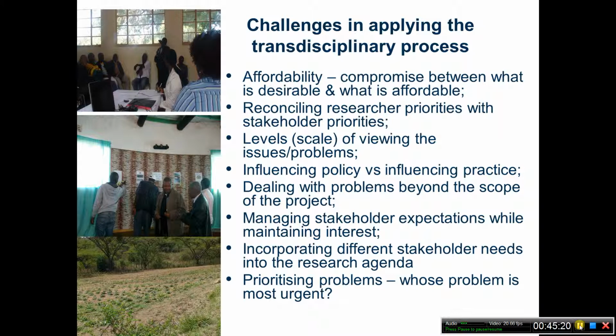And the other challenge that came up was the level or scale of viewing the issues or problems. This was especially evident in the COP and the LPA platforms, where at COP level problems were viewed from a farm level, and then in the LPA they were viewed from a more regional level. But then it became evident that some problems can only be solved, for instance, at a regional level.